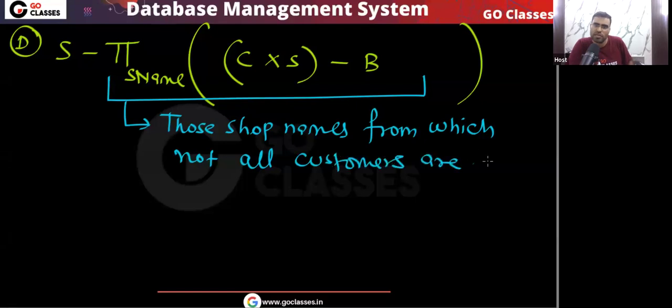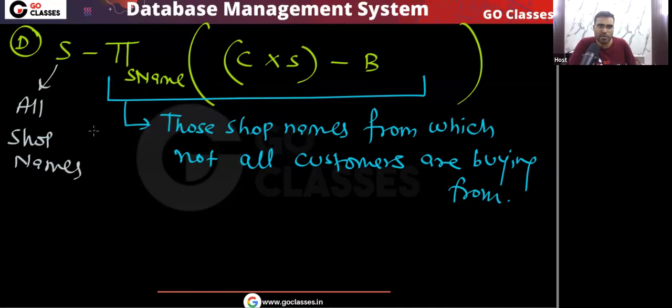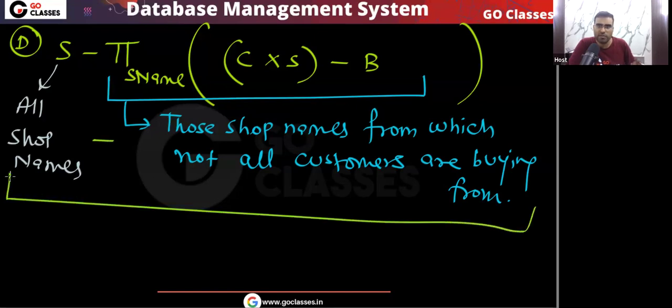And these are all shop names. Now from all shop names, if I remove this, then what will I get? Please tell me, finally what am I getting?